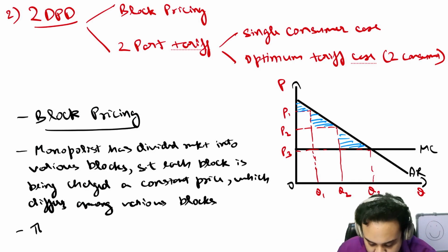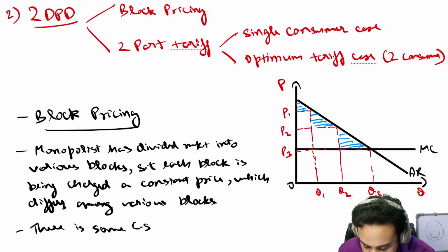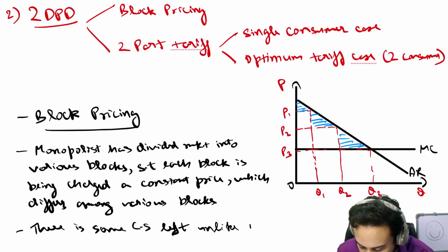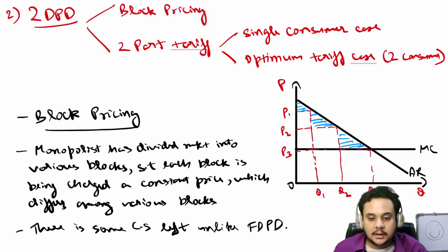Secondly, there is some consumer surplus left, unlike the first degree price discrimination. Okay, so these are some points to keep in mind.